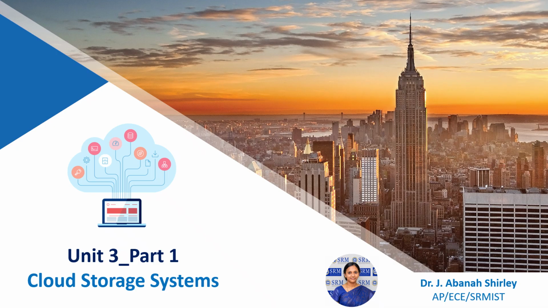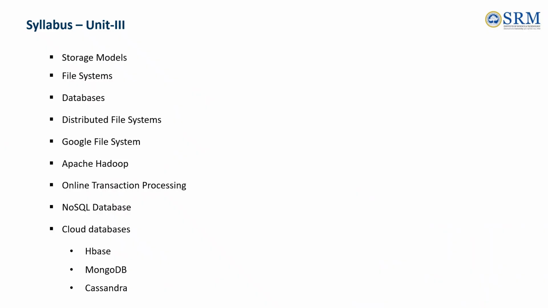In this unit, we are going to understand how massive amounts of data are stored, managed, and accessed efficiently in cloud environments. We will begin with storage models and file systems, then move into distributed storage technologies such as Google File System and Apache Hadoop. After that, we will discuss online transaction processing systems and understand the importance of real-time transaction handling.